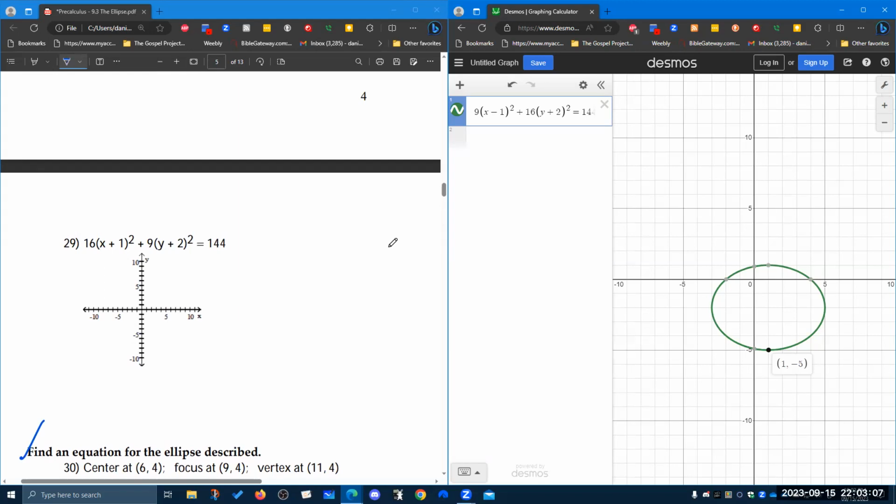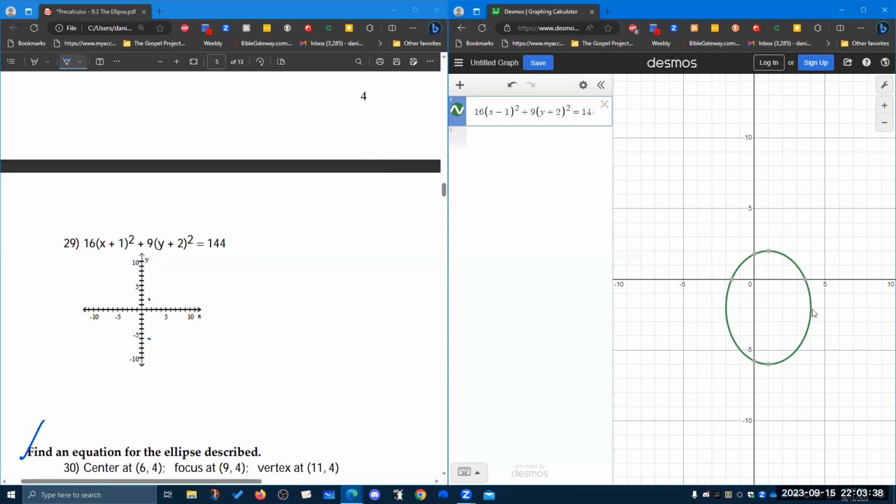Now we're just going to switch direction here. Really, nothing else is going on. I'm going to make this 16. And I'm going to make this one 9. And it's going to change direction. Nothing else really has changed though. So now we're at 1, 2, y, and 1, -6 here. That's my major axis.